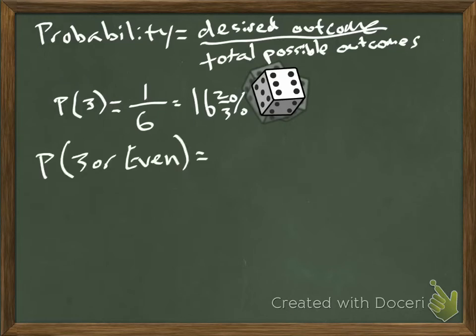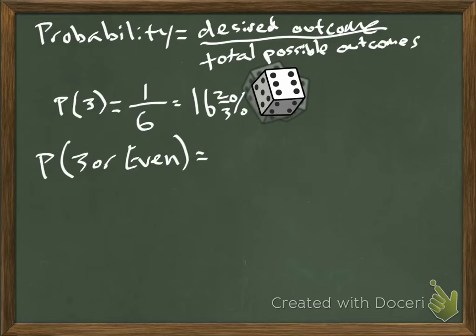Let's look at another example. This is the example of the probability of rolling a 3 or an even number. Now it's important to note that this is not a compound event, because I want to know the probability of landing on a 3 or an even number, not a 3 and an even number. So I would need to determine the desired outcomes.